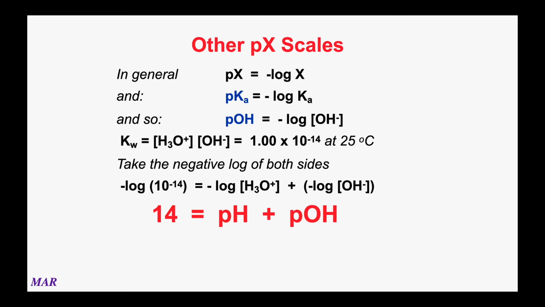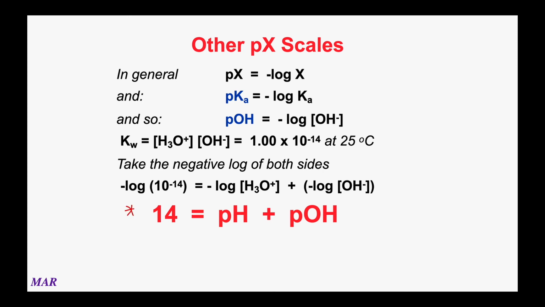And that equals then minus log of Kw, minus log of 10 to the minus 14th. Minus log of 10 to the minus 14th is just 14, and minus log of hydronium is pH, and minus log of hydroxide is pOH. Lo and behold, 14 equals pH plus pOH is going to be something pretty important.